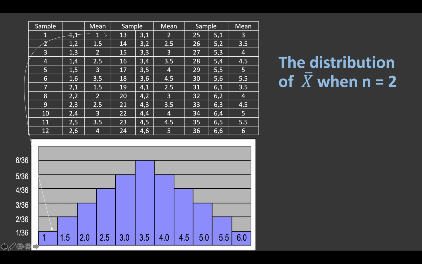So there's only one sample that has a mean value of 1, so we put it here. This is households for the mean value equal to 1 trip per day, and out of the 36 samples, there's only 1 of that. Then out of the 36 samples, there are 2 that have 1.5, meaning that on average, the household made 1.5 trips.